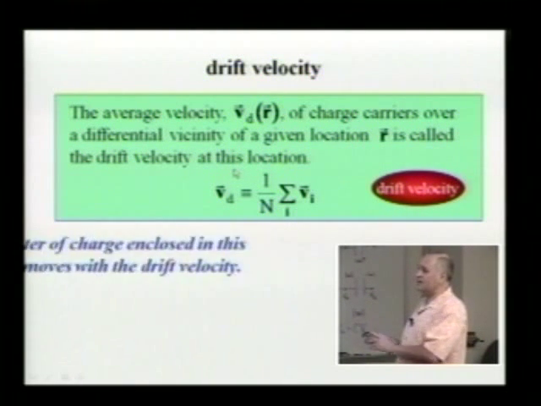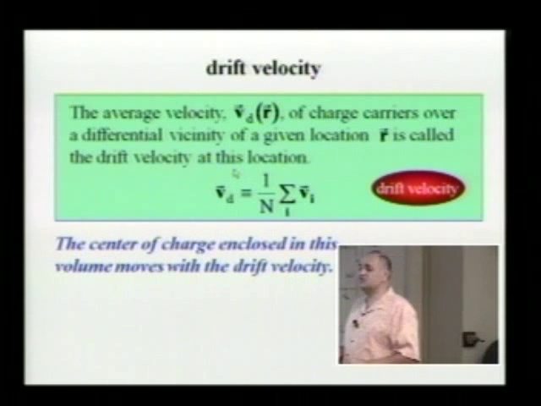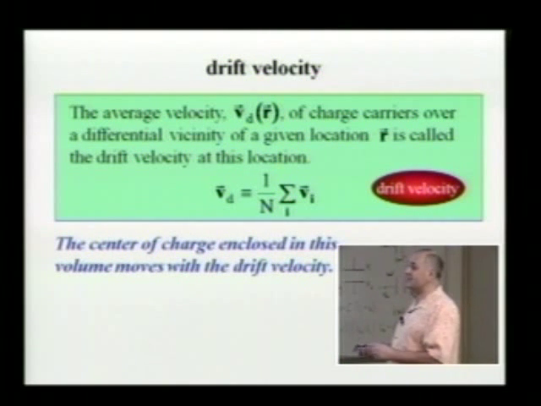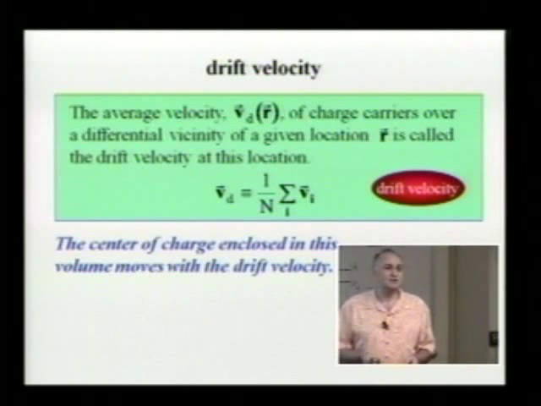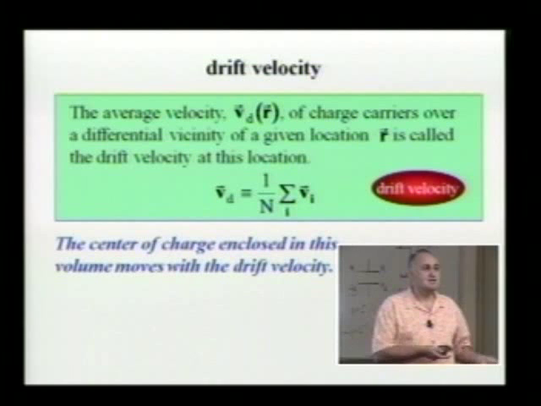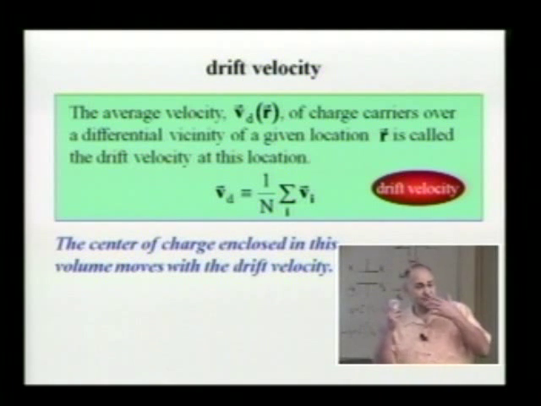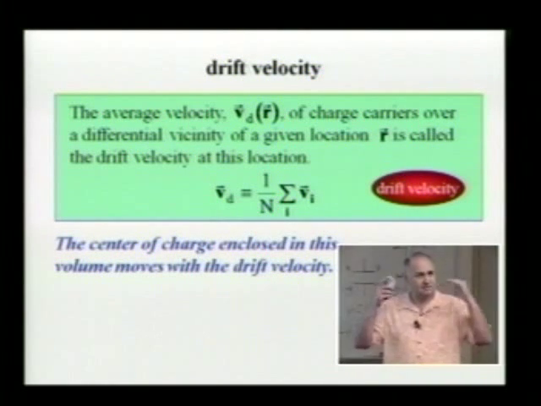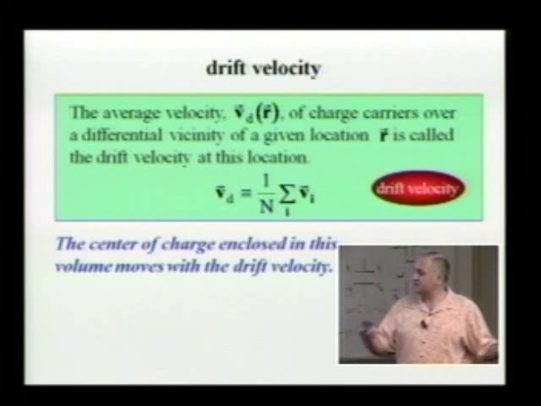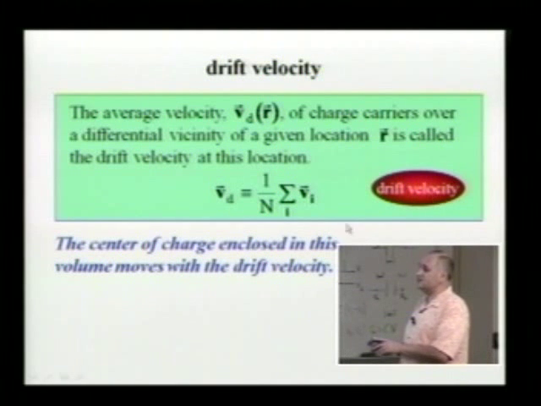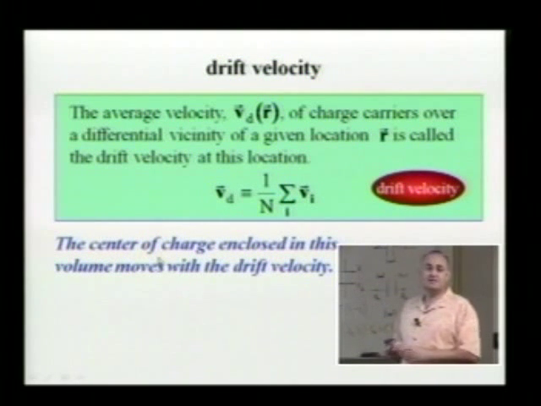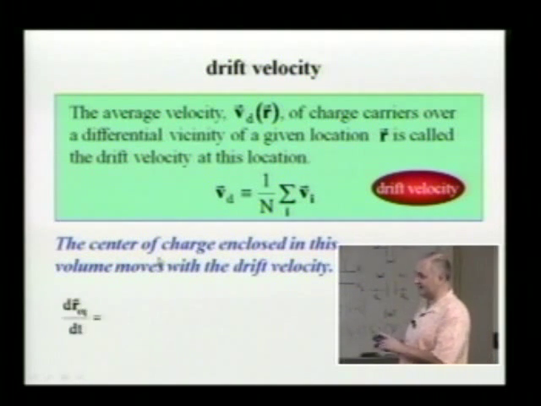All right, what the drift velocity does is that the center of charge enclosed in that volume moves with the drift velocity. So really this is the rate at which the total charge is being transferred. Now, center of charge is defined in a way very similar to center of mass.